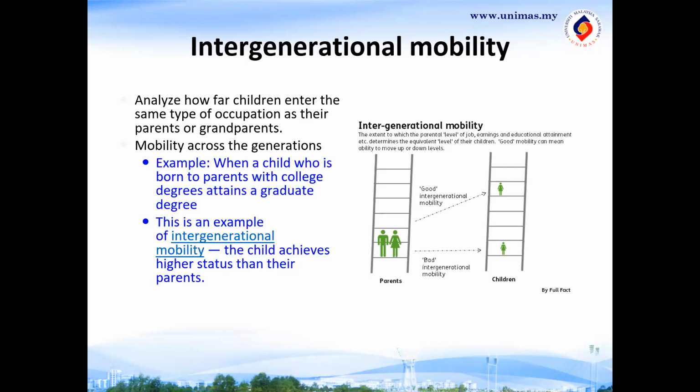So the college here means not a degree, just college, high school, and that's all. So some parents didn't even, like in my generation, my parents did not have a chance to go to school because there was no school at that time when my parents were young. So they didn't have a chance.